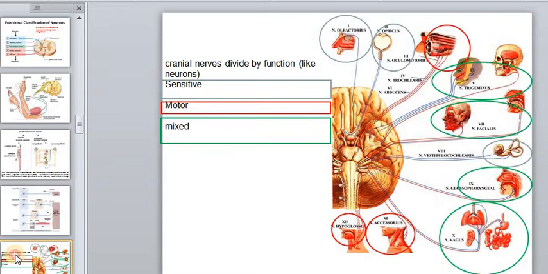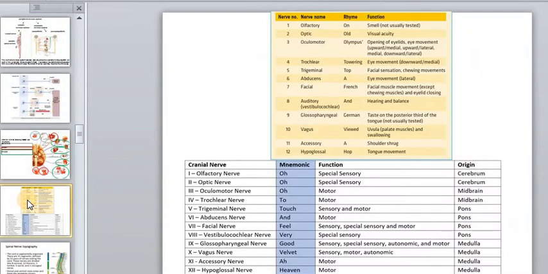On the next slide we see the 12 cranial nerves and their functions. You can see where each nerve starts from the central nervous system and what function it has.